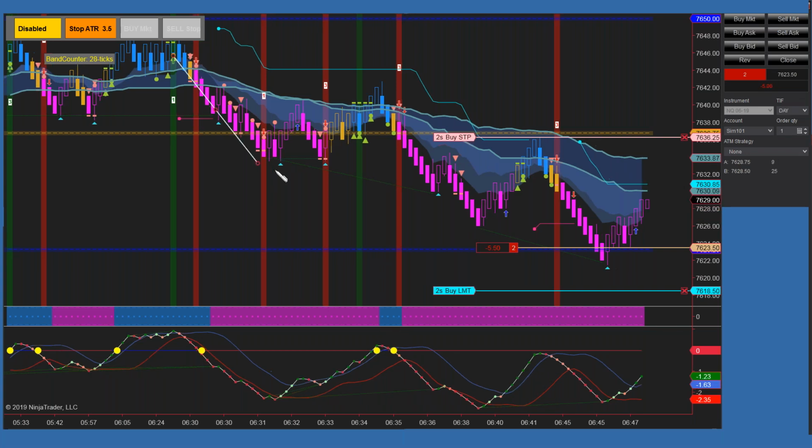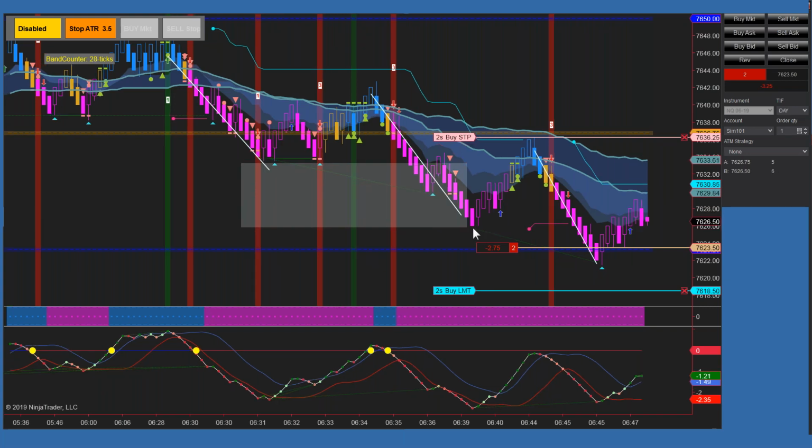If you take a look at this move here, this move here, this move here, they're all about the same size, but the progress they're making is less. What I mean by that is, the bearishness seems to be fading.